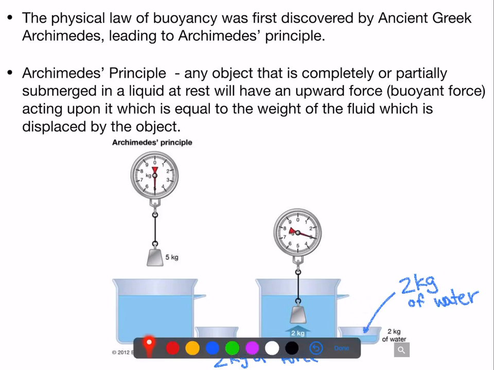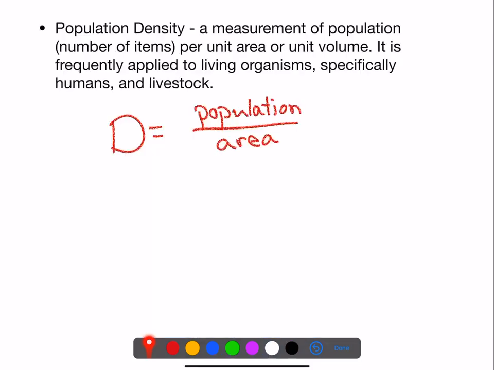Now, due to Archimedes' principle, some great mathematicians, great scientists, great engineers were able to create these new objects, these new ships, that using Archimedes' principle, they now displace a large amount of water. And displacing that large amount of water allows it to push up with a certain amount of force, which will keep those ships afloat. So that's where Archimedes' principle comes in.